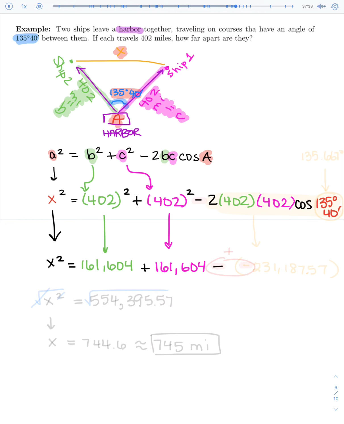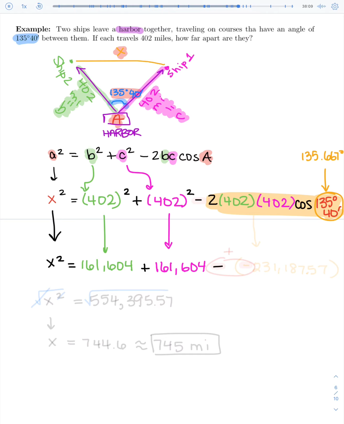And depending on what kind of calculator you have and what you're doing at this point, you probably want to convert those minutes into degrees. So you'd have to take the 40 minutes and convert it from minutes to degrees by dividing it by 60, which would give you 0.667 degrees.